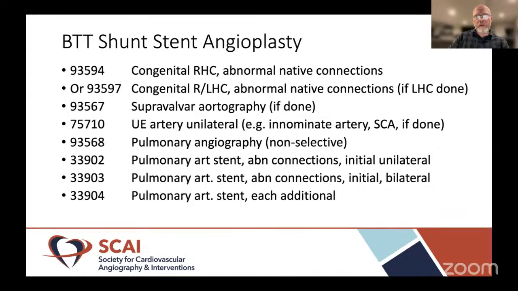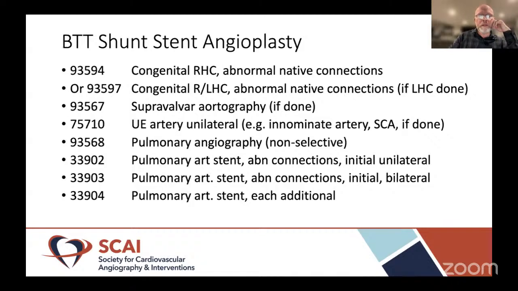Again, for supravalvular aortography, if you go up and position your catheter, assuming the BT shunt is off the right innominate artery, you would use the upper extremity unilateral code for that angiogram. But if you did a supravalvular aortogram and didn't then select into the innominate artery, you could code for both of those things.